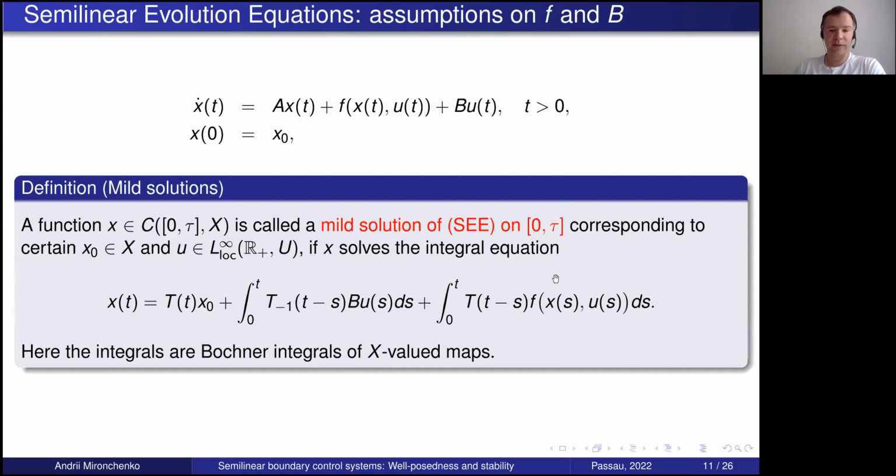And because this is integrable for our fixed x and u, this whole term is a continuous function of time, which is a standard result. So the whole right-hand side is actually a continuous function if x is continuous and u is given. So this shows that this concept of solution is meaningful. Well, clearly the integrals we understand in the sense of Bochner.